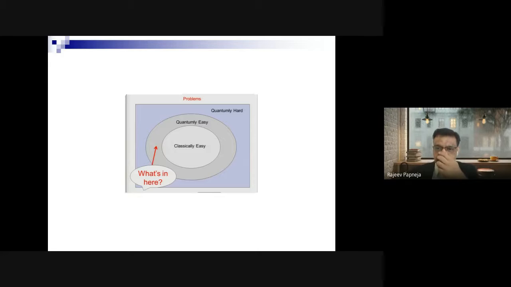And the factoring problem seems to be one which is hard for a classical computer and easy for a quantum computer. And it's important as a research theme to address the question, what else lies in that intermediate regime? What other problems lie in those regimes that quantum computers can do and classical computers cannot?